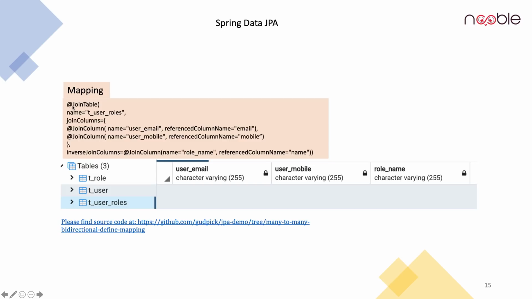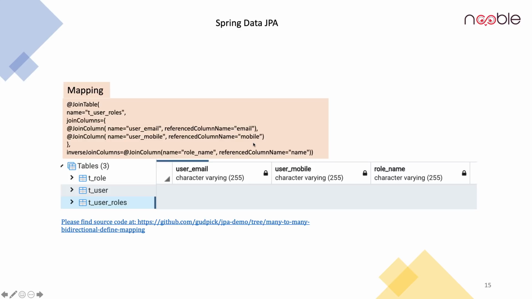We'll give the annotation join table, and now we can see t_user_roles. We are giving the name join column. There will be two join columns for the user table, user_email and user_mobile. You can see the reference column name as email and the column name as mobile.